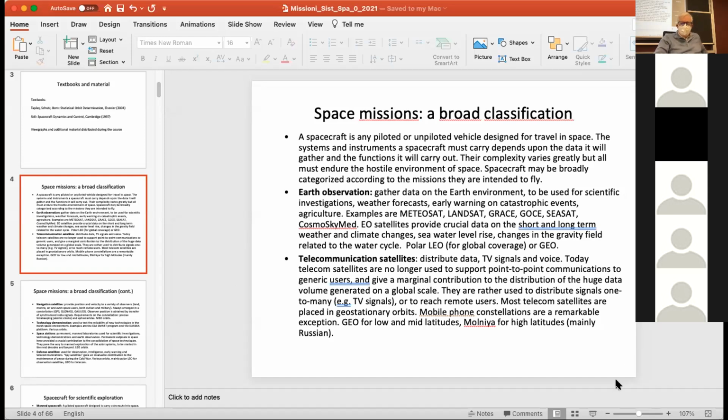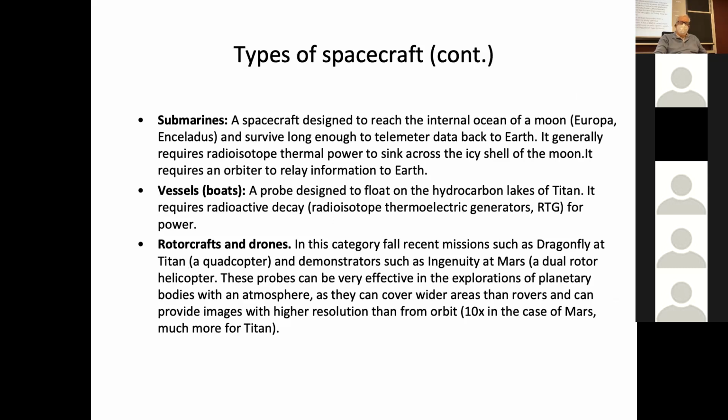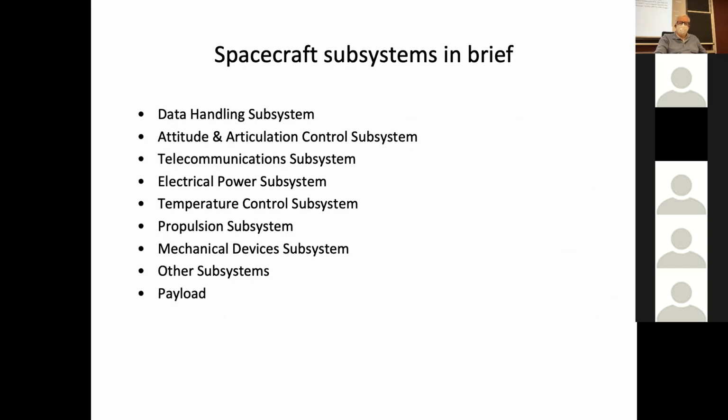But in order to make the story a little bit less boring, we will switch back and forth between the description and the examples. We spoke about Earth observation satellites, and I would like to give you an example of an Earth observation satellite.